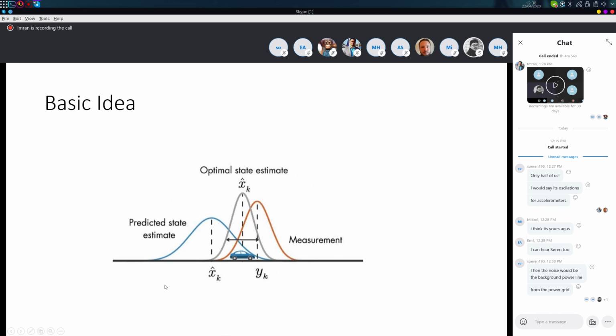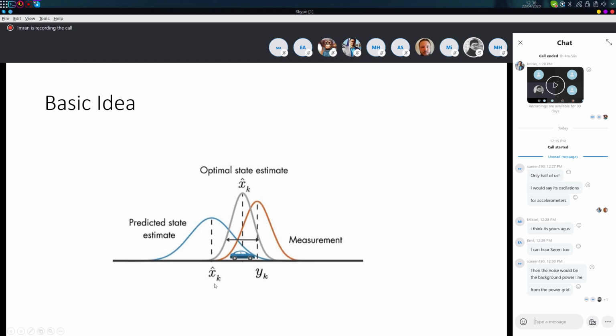So let's say that you are driving your car, and inside your car you also use some model to describe the dynamic of this car. When you derive the mathematical model of the dynamic of this car, maybe your model has some degree of uncertainty, meaning that this x hat comes from your equation.